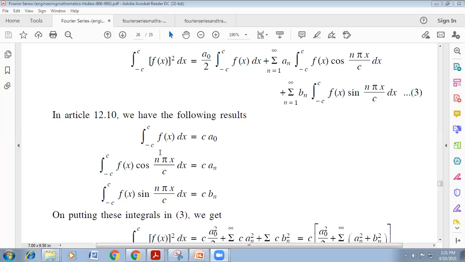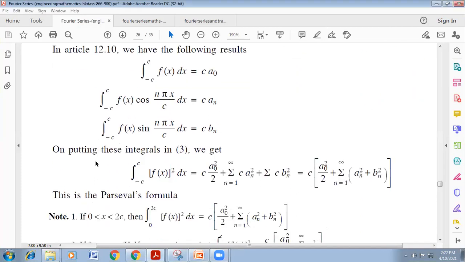Just putting these integral values, f of x from minus c to c, dx, we get c a naught, and c a n are the cosine coefficients and c b n are the sine coefficients.